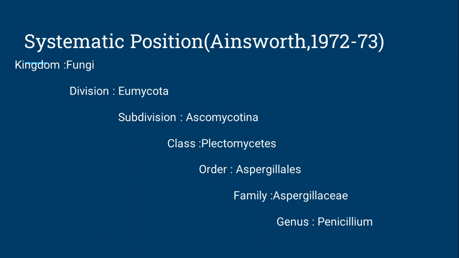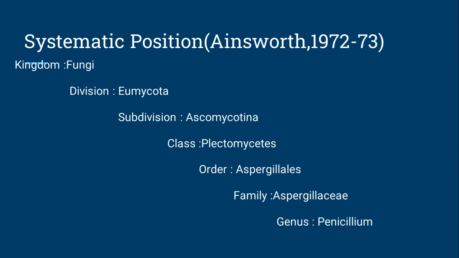What do you mean by fungi? It's a group of those plants which have a thalloid plant body, but they do not have any pigments, so they cannot prepare their own food, and they have eukaryotic cells with a well developed nucleus. These are the fungus characters.